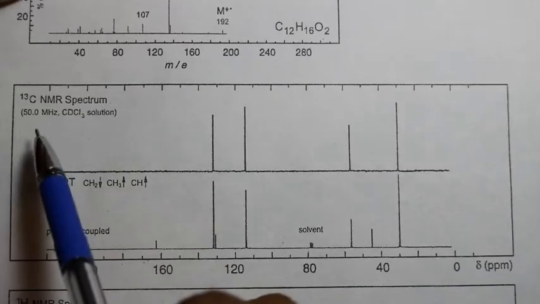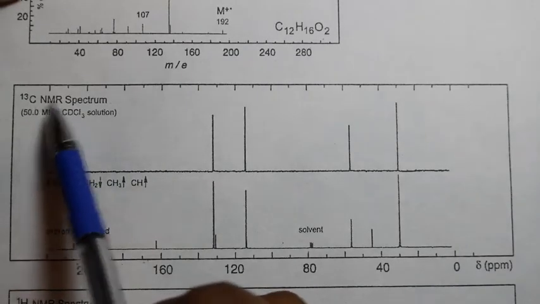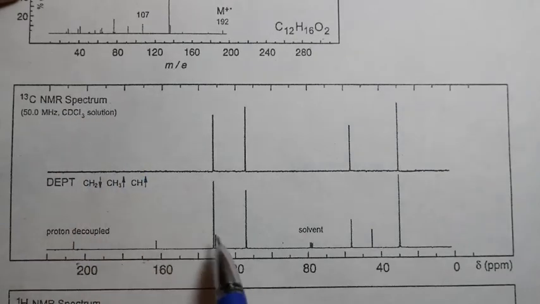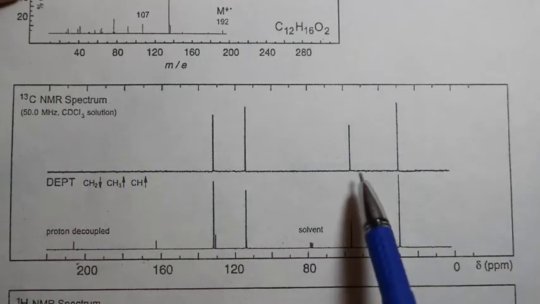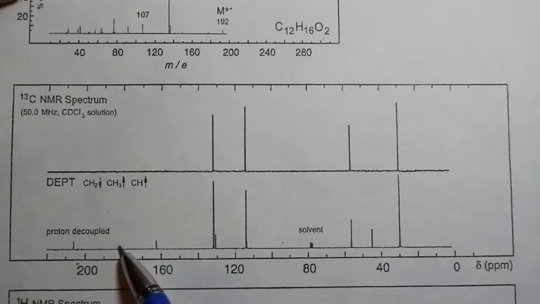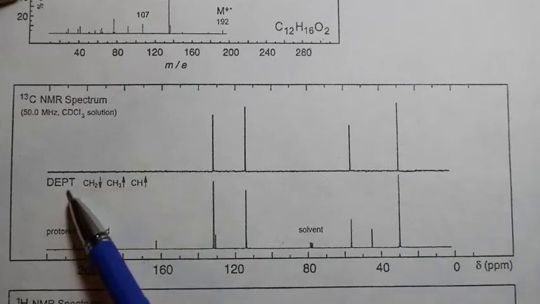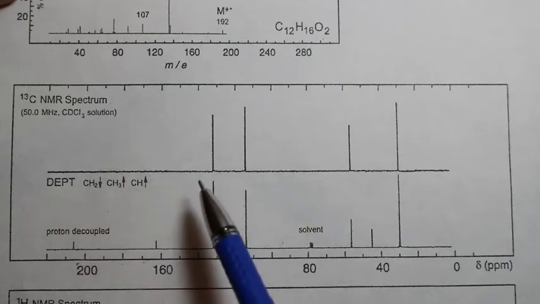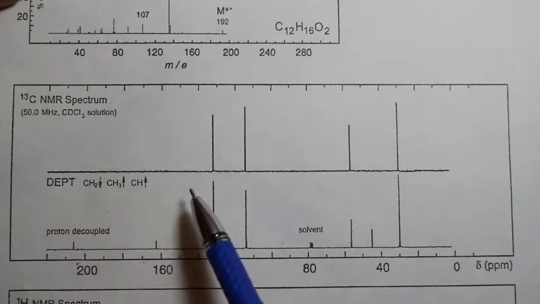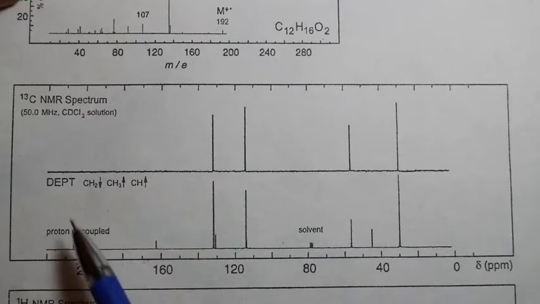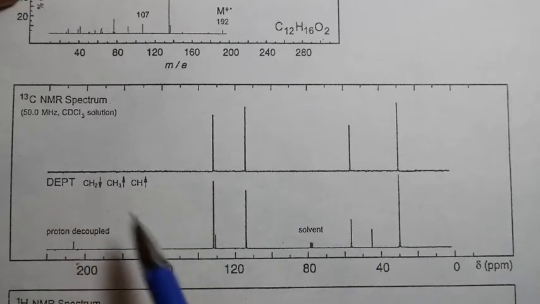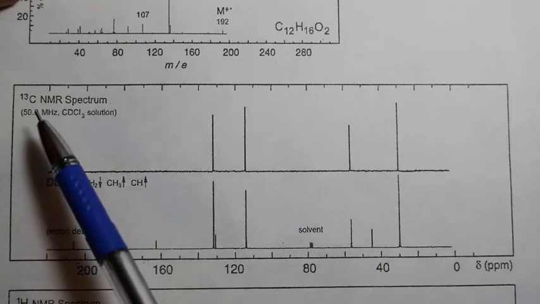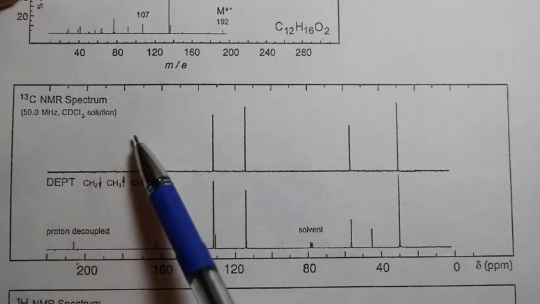Now let's look at the carbon-13 NMR spectrum. Here we see two kinds of spectra. One is proton decoupled, the other one is the DEPT spectrum. DEPT spectrum helps to see primary, secondary, tertiary and quaternary carbons. So remember, we see only the chemically different carbons in the carbon NMR.